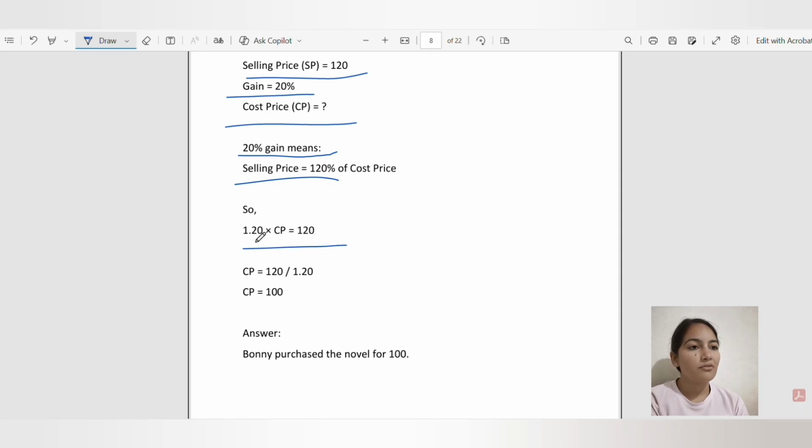We can write it as 1.20 into CP is equal to 120.